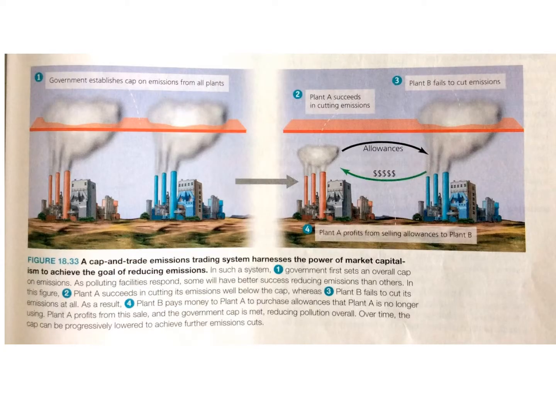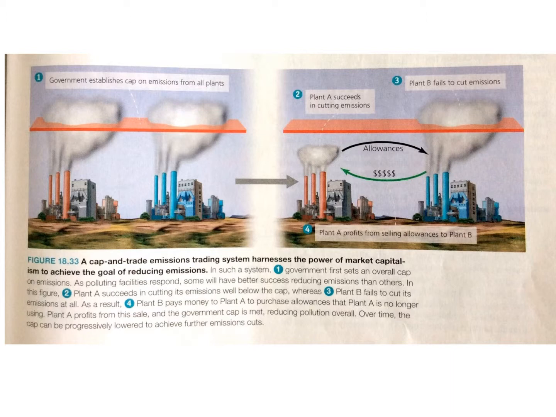All right, this is just a little bit more about cap and trade that kind of explains it. First of all, the government establishes a cap. So here's current emissions, and it's going to say, nope, we want the current emissions down here. Right now, both of these plants are exceeding their emissions. But plant A does a good job cutting emissions, so they get below the cap.